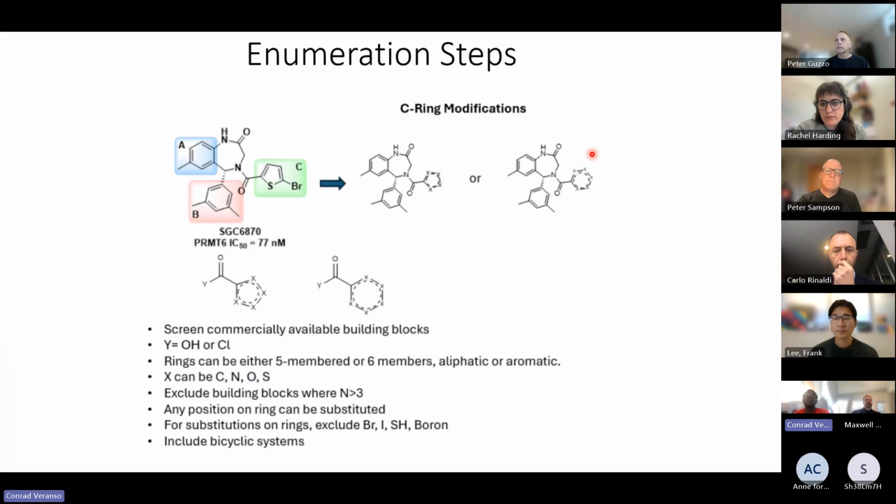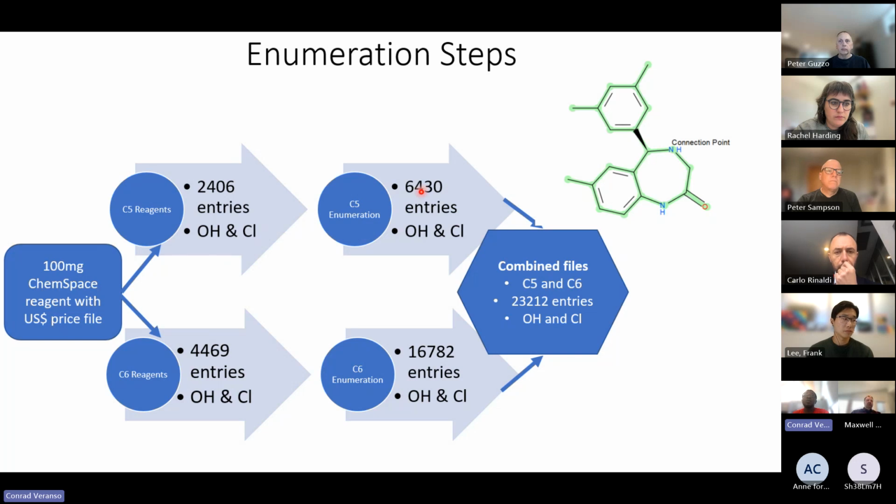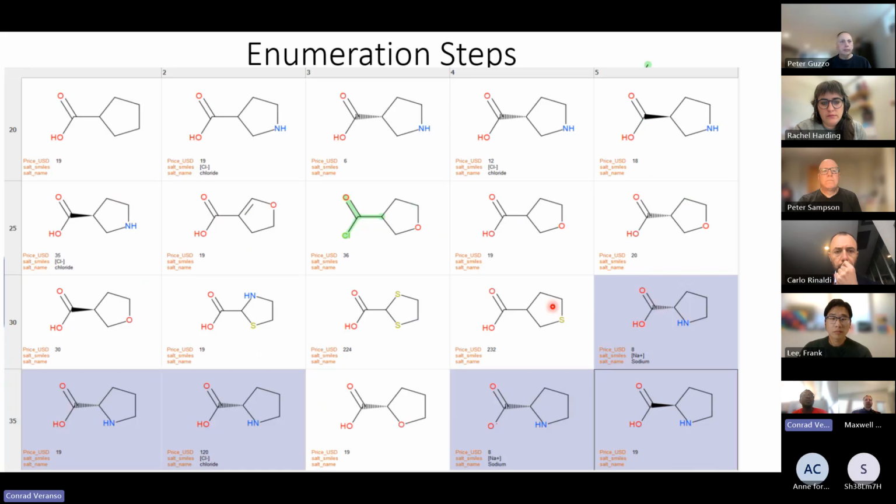So if you see, it's just to form back the same kind of structures. So I did that, and for the 5-membered ring compounds, I had about 6,400 entries, while for the 6-membered ring, I had about 16,000 entries. I combined these entries to form a single file which I'll use for the docking.